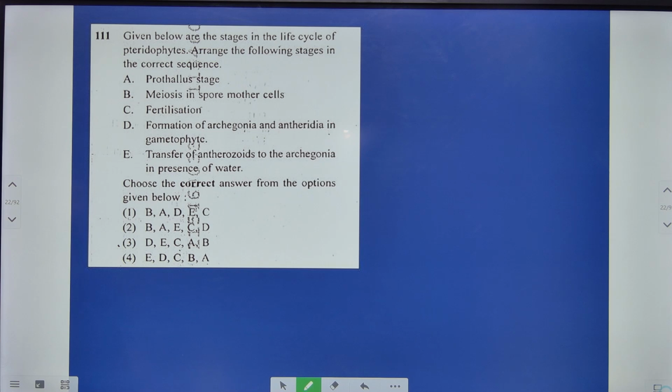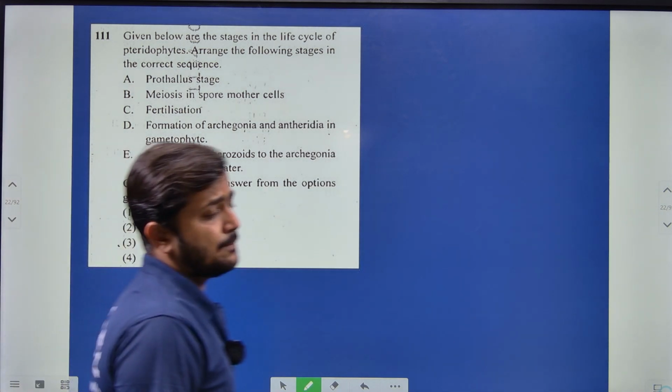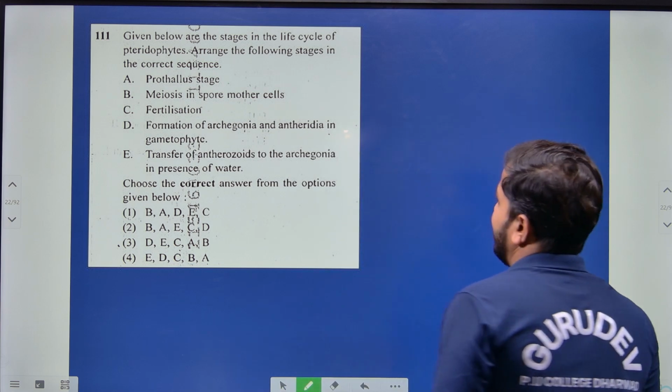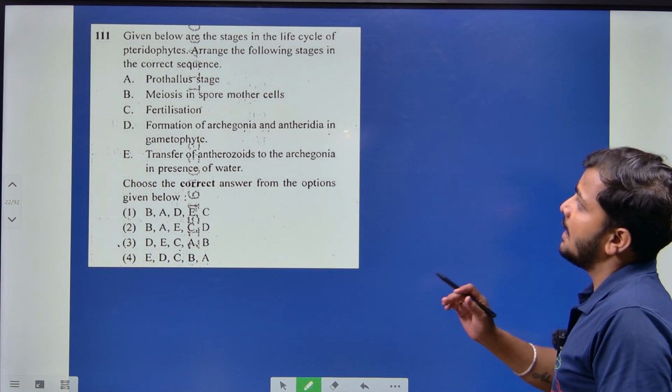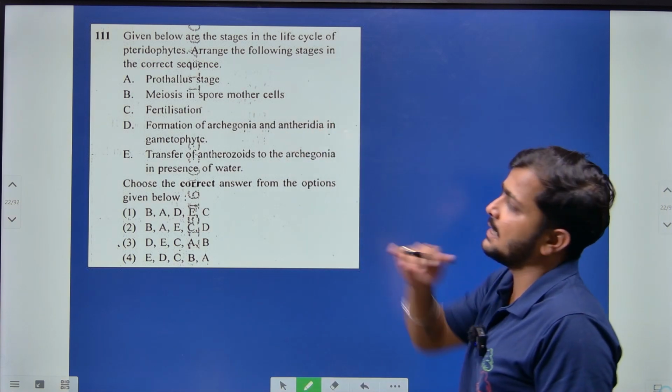Then moving on to the next question: given below are the stages in the life cycle of a pteridophyte, and arrange the following stages in the correct sequence.